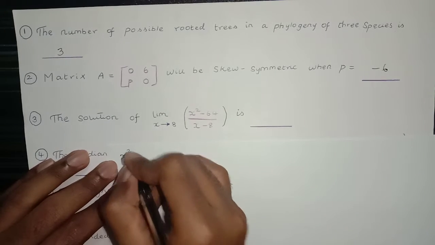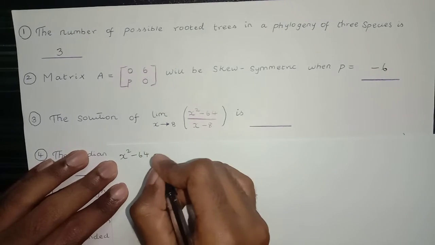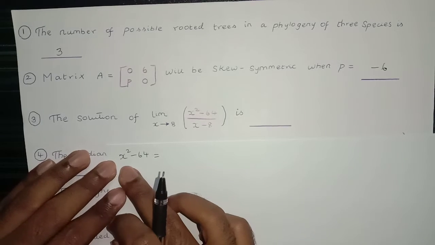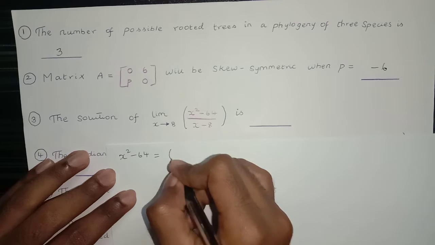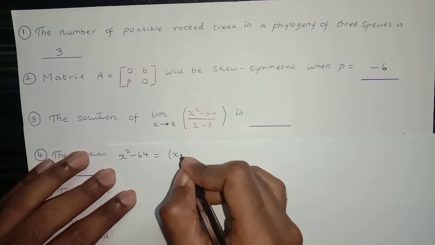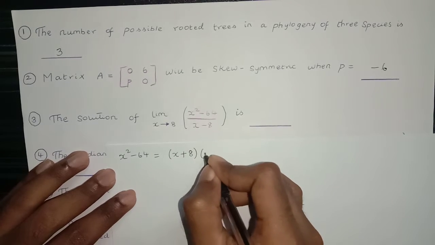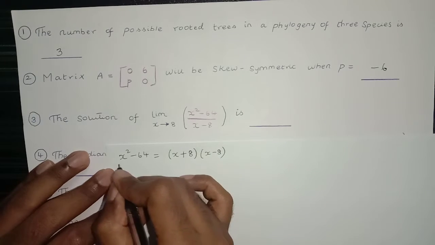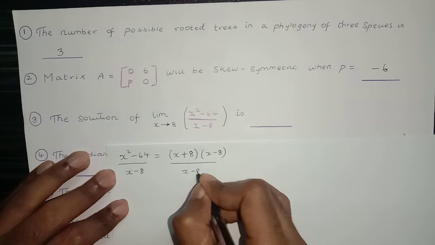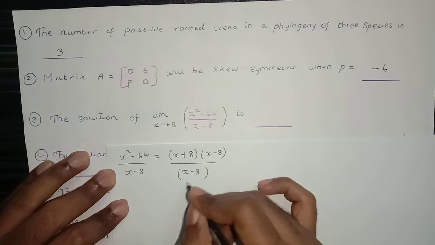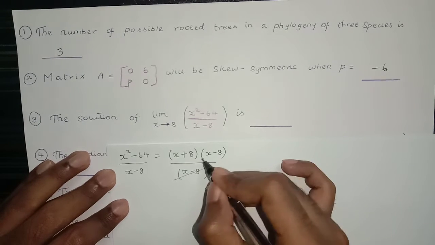So writing down x square minus 64, it's in the form of a square minus b square, which is equal to a plus b into a minus b. So x plus 8 into x minus 8 divided by x minus 8. So x minus 8 cancels out.